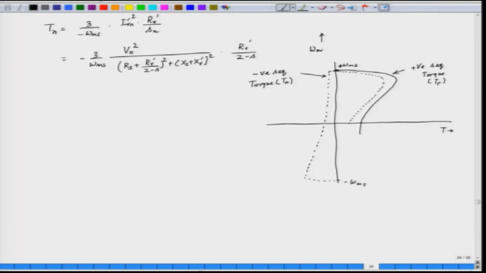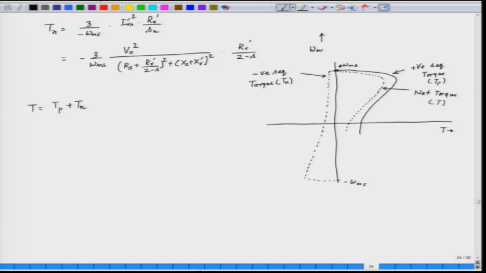So, the net torque T is given as T p plus T n, the sum of the negative sequence torque and the positive sequence torque. So, the net torque is reduced.